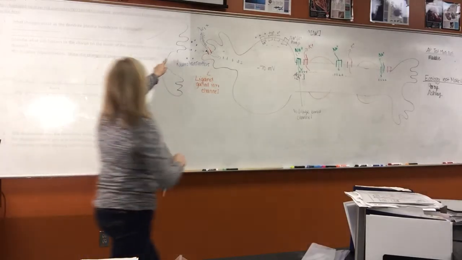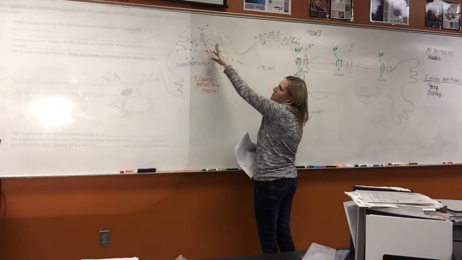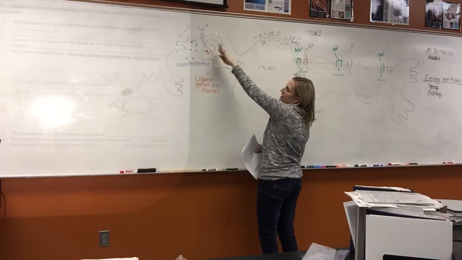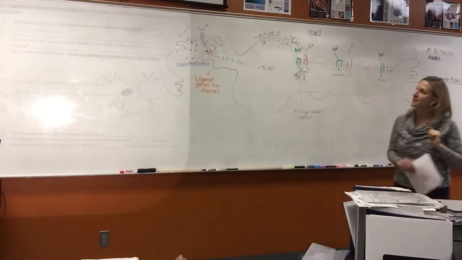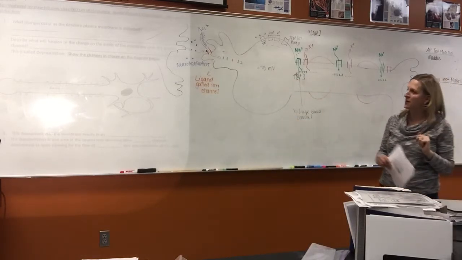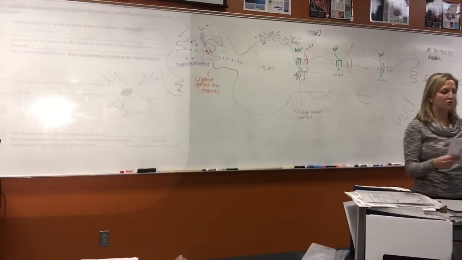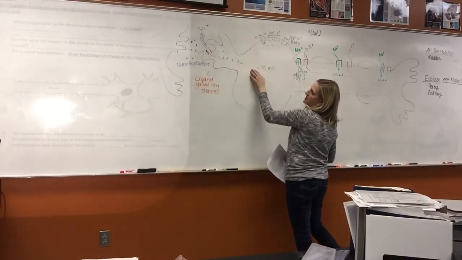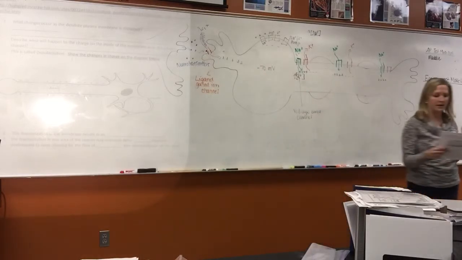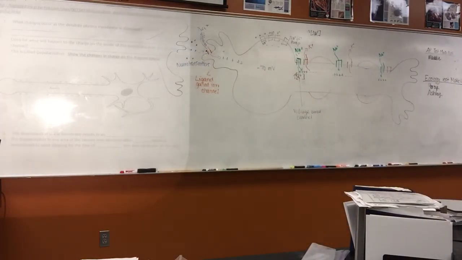What changes? The neurotransmitter binds, the ligand-gated ion channel opens, and sodium diffuses into the cell. So that's what happens. And then the next question asks you to describe what will happen to the charge. The inside of the cell becomes more positive, or less negative. And that's called depolarization.